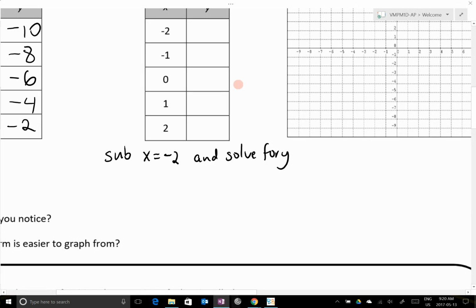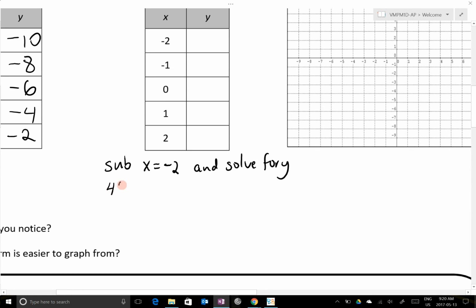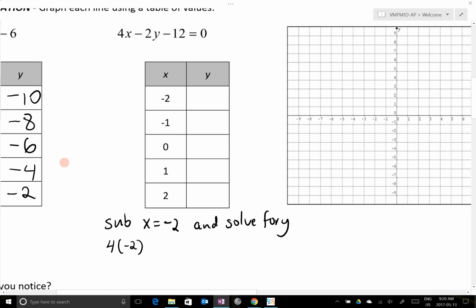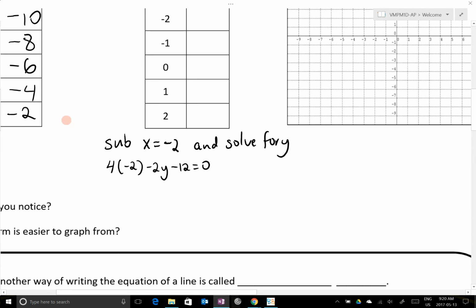So the equation says 4 times -2, then minus 2y, and then minus 12 equals 0. Okay, so 4 times -2 is -8, minus 2y minus 12 equals 0.